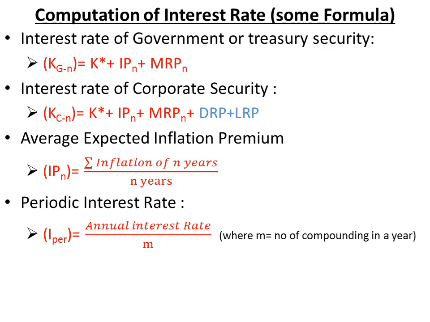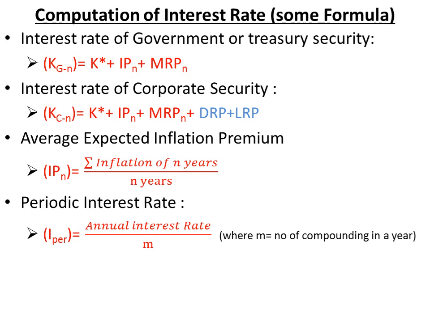The next formula is the periodic interest rate. I per, where I means interest rate and per means periodic interest rate. I per is equal to the annual interest rate I divided by m, where m is the number of compounding in a year, that is, how many times the interest is compounded in a year.